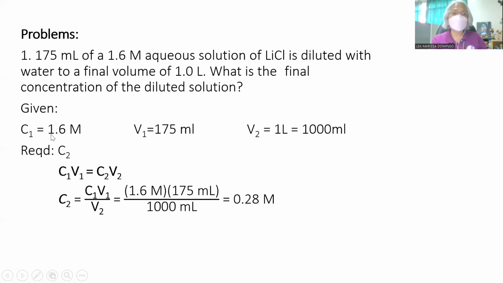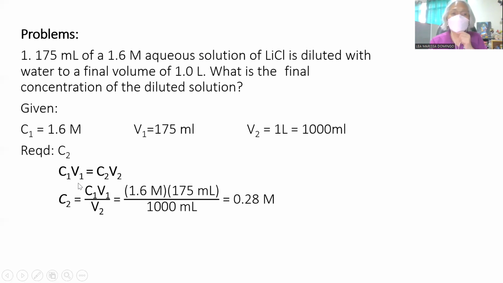We are given the initial concentration, 1.6 molar, the initial volume, 175 mL, and the final volume, which is 1 liter or 1000 mL. We are required to find the final concentration.